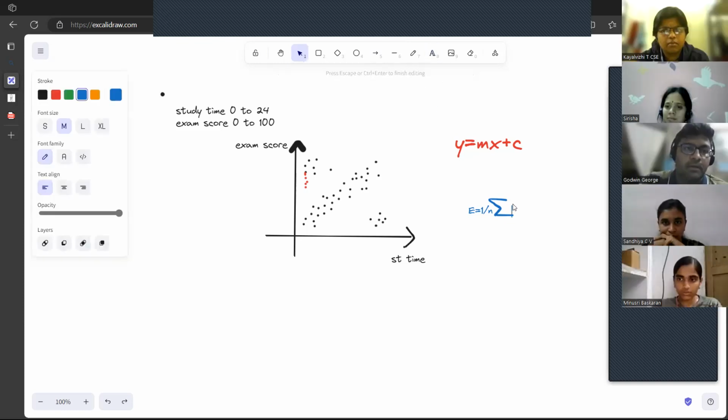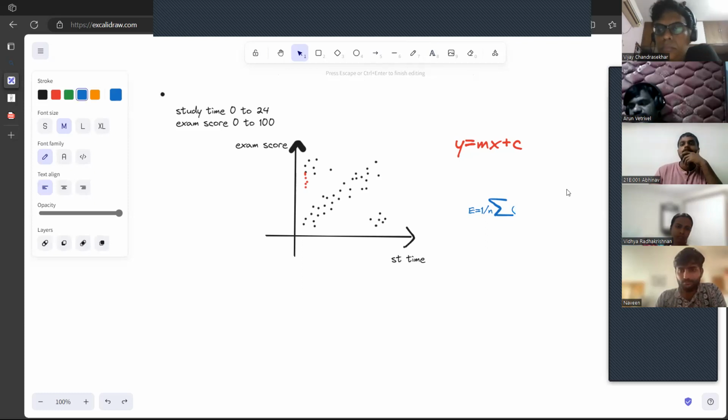So the predicted value of y, which here let me take as y hat, minus the actual value, that is y i, and the squares.